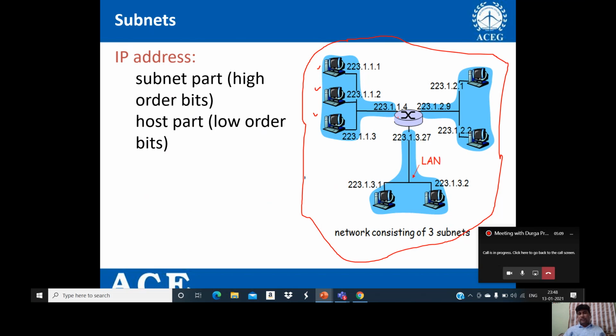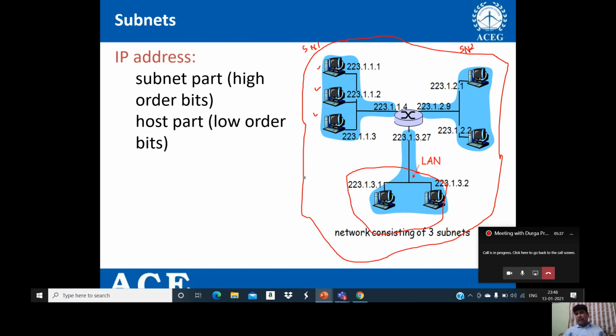So the one interface of the router and those hosts, we can call subnet 1. Similarly, these 2 devices along with the second interface of the router form subnet 2. This is subnet 1, subnet 2, and the third interface of the router along with the remaining 2 devices, we call subnet 3.